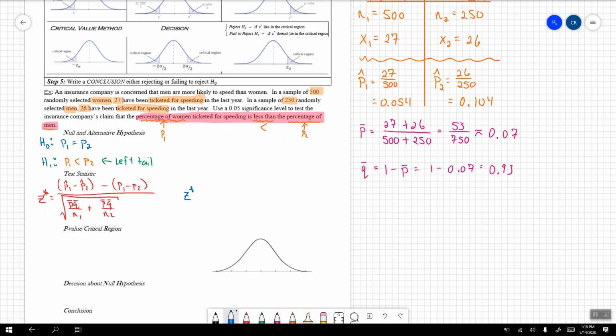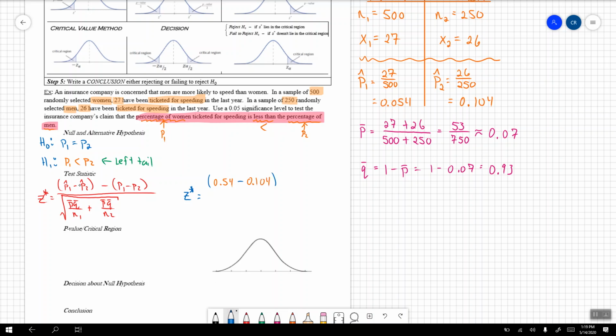In order to get my test statistic here, I'm going to go with p hat 1 minus p hat 2. All that work is done up here, so I'm going to extract that. That was 0.54 minus 0.104. There we are.